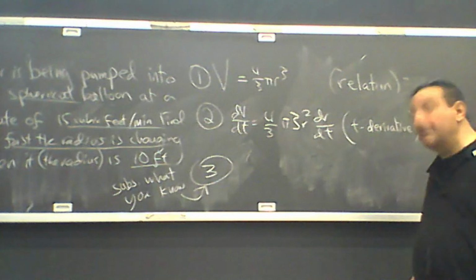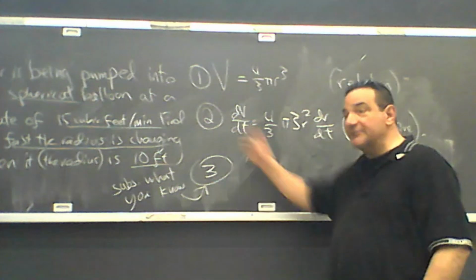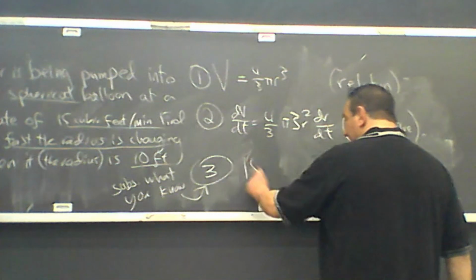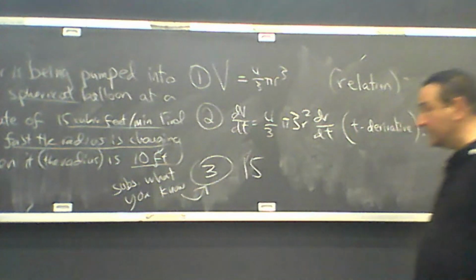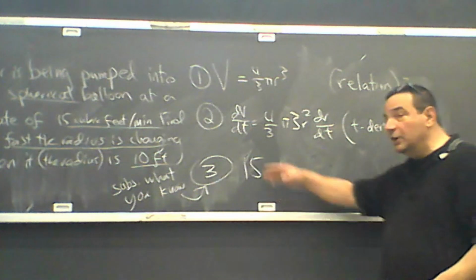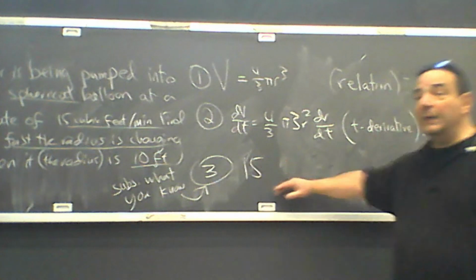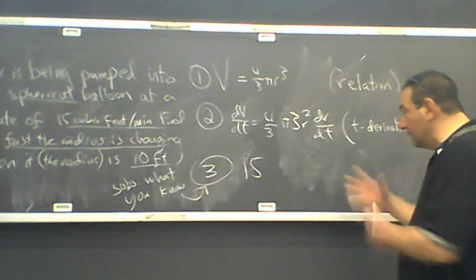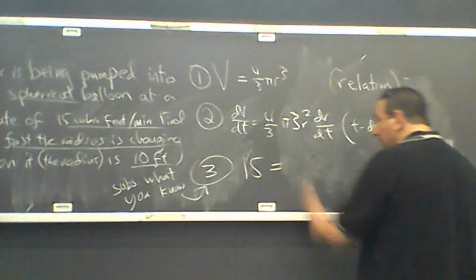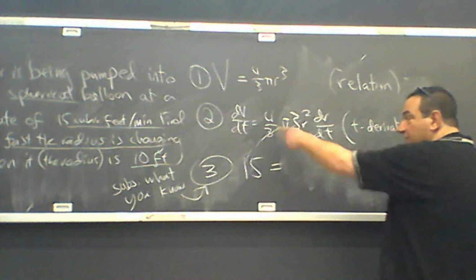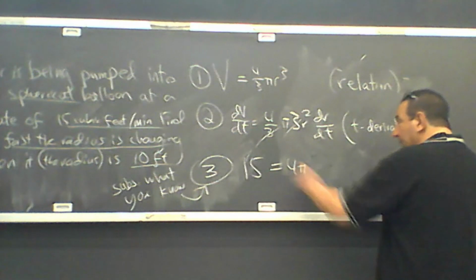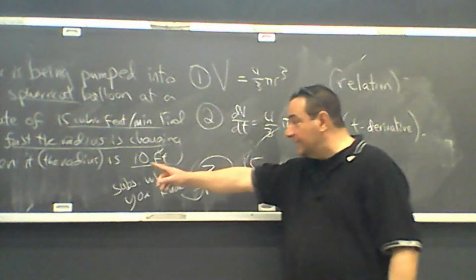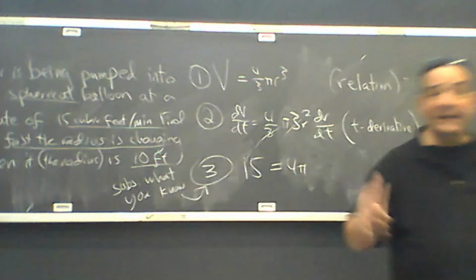You most definitely dv dt, because that's how fast the volume is changing. Thank you. So we have 15. And for those of you who are interested in units, it's 15 cubic feet per minute, right? I'll put those in in a moment. I want to just get the numbers sorted out here. Right? So we've canceled the 3's over here. We have 4 pi.